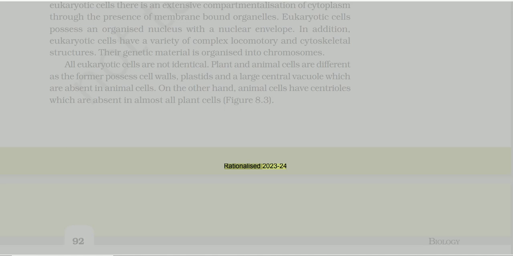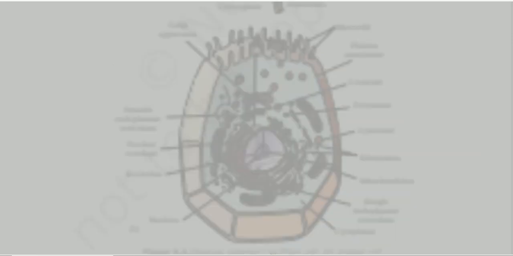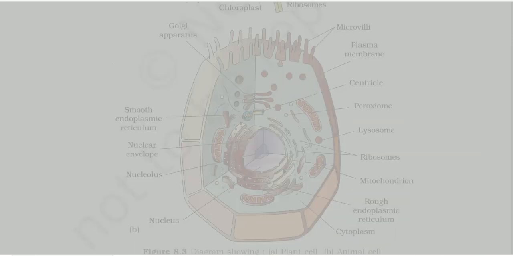Rough endoplasmic reticulum, lysosome, smooth endoplasmic reticulum, plasmodesmata. Microtubule. Nucleus, nucleolus, Golgi apparatus, nuclear envelope. Vacuole, middle lamella. Plasma membrane. Cell wall, mitochondrion, ribosomes, chloroplast, cytoplasm, peroxisome.